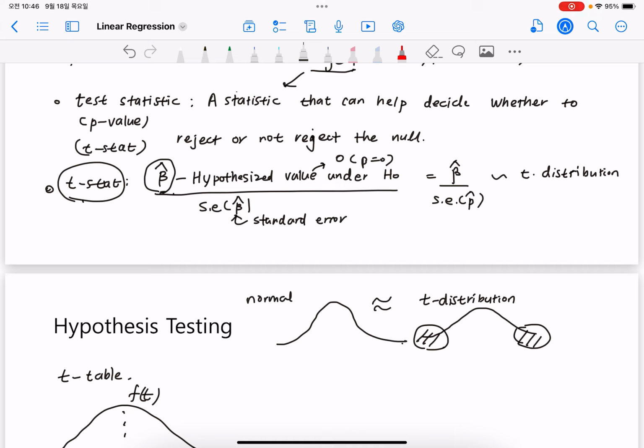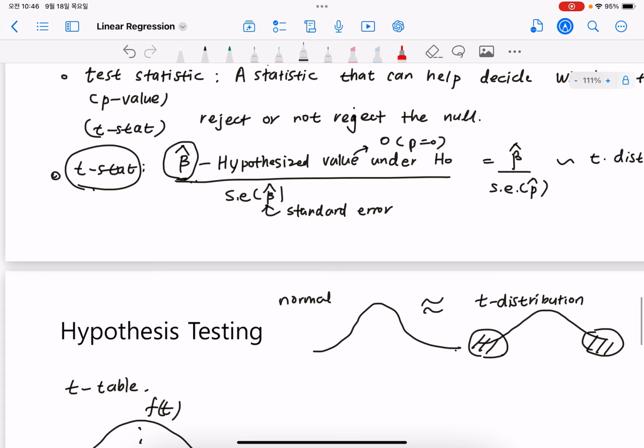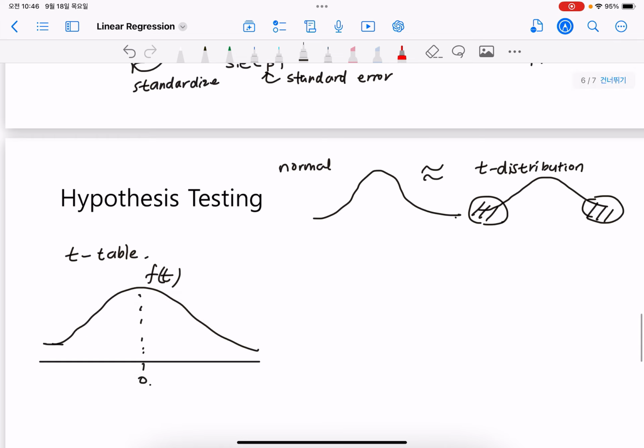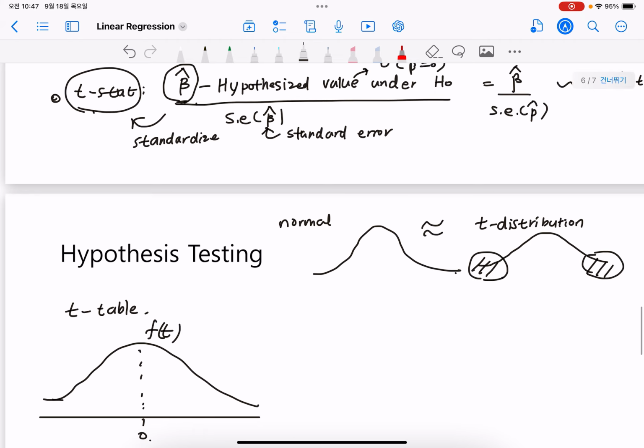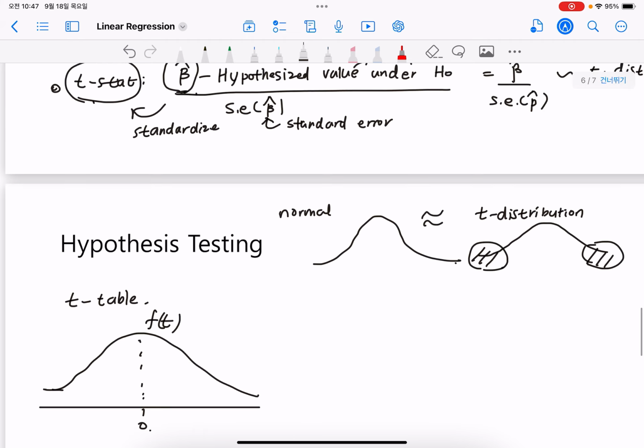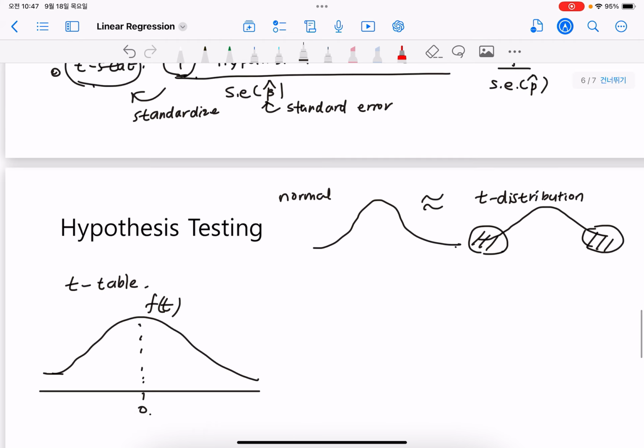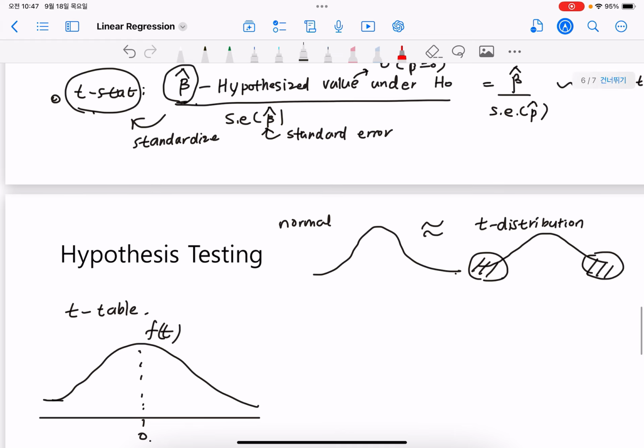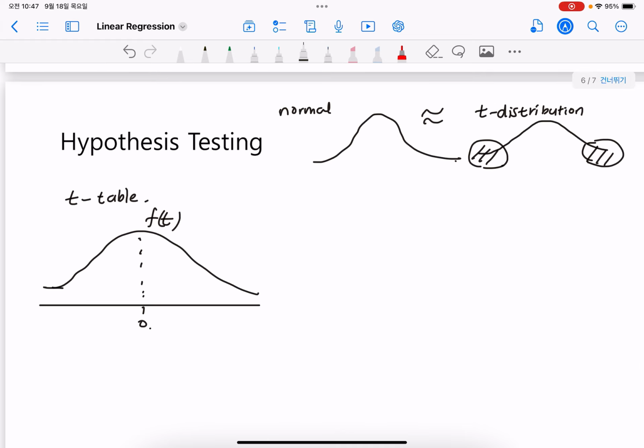I mean, beta can be very different because the magnitudes of y and x are all different, right? So we want to standardize to the t-stat and see if our t-stat is significantly greater than 0 or less than 0, right? So I said the purpose of the null hypothesis is to reject the null, meaning we want to reject that beta is equal to 0, right?